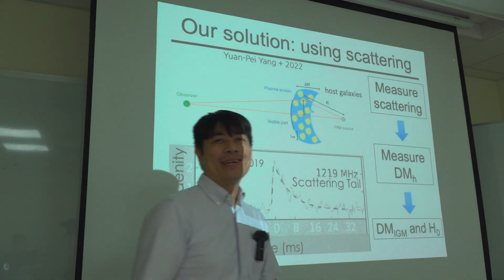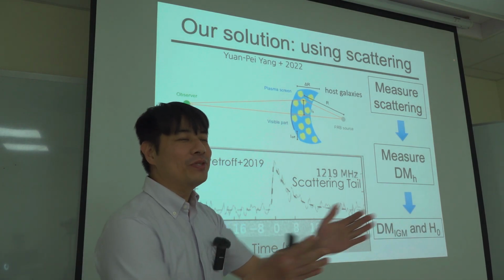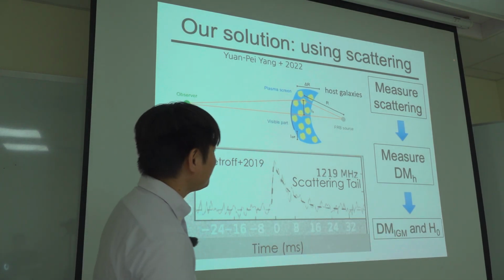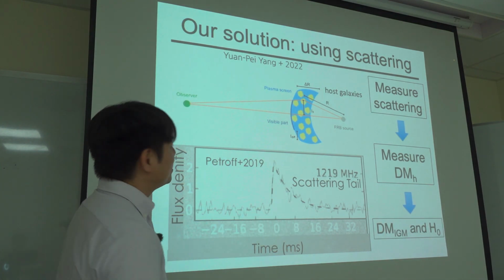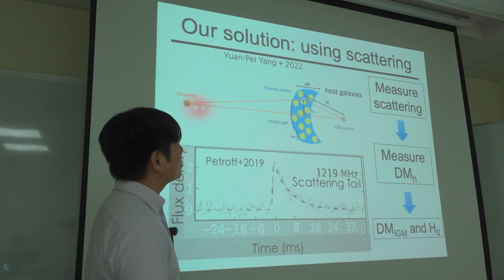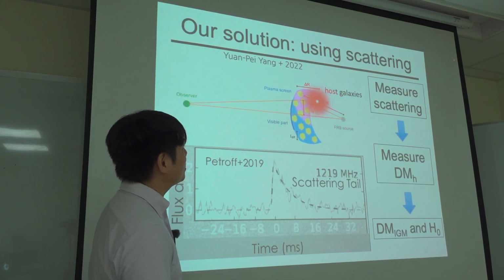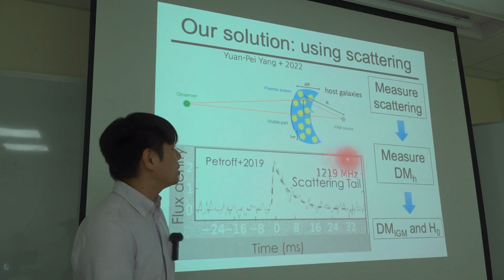We have two time lags about FRBs. The first one is dispersion measure. This happens between different frequencies. But if you look at the same frequency, still we see time lag, because this light path is longer, right? So therefore it takes longer time to arrive at the telescope.